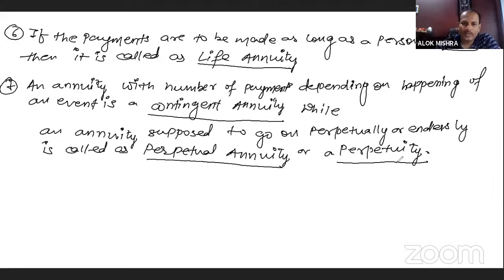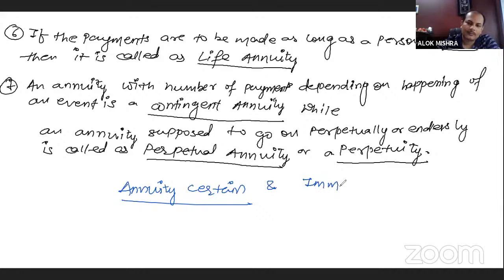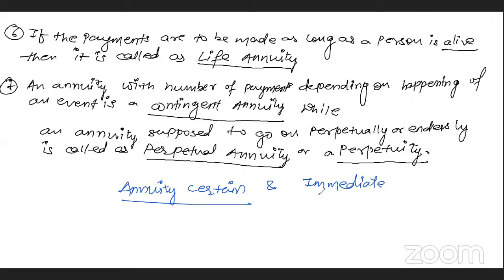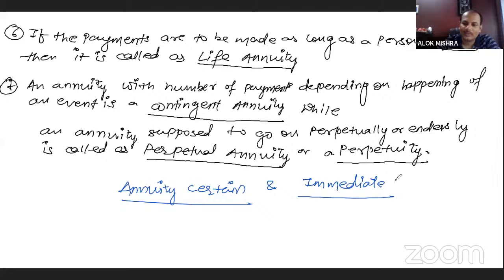So what we have in the syllabus, or basically what are the 2 points on which we are going to focus out of these 7 points? We'll be focusing mainly on annuity certain and immediate annuity.